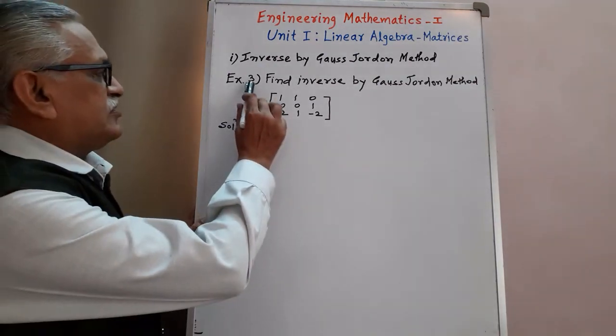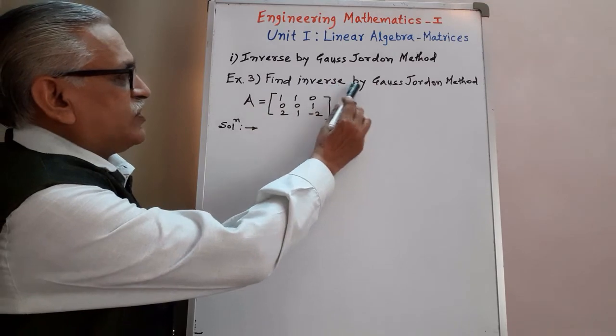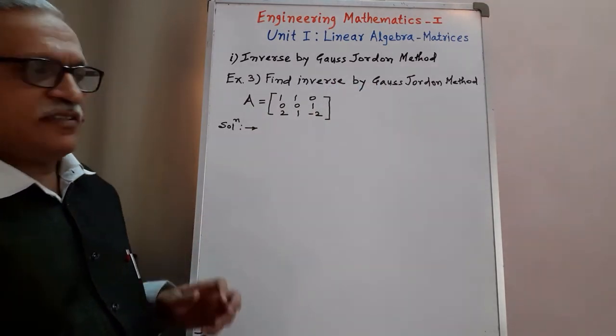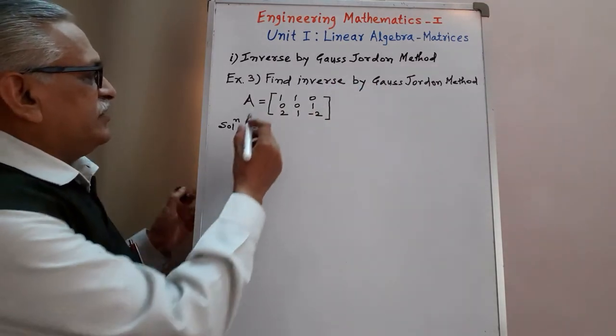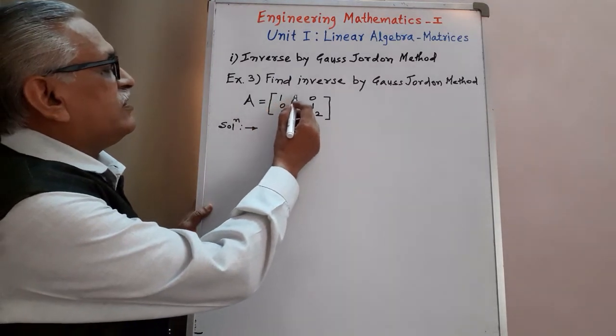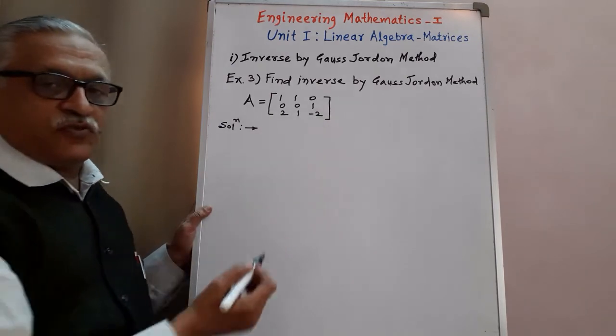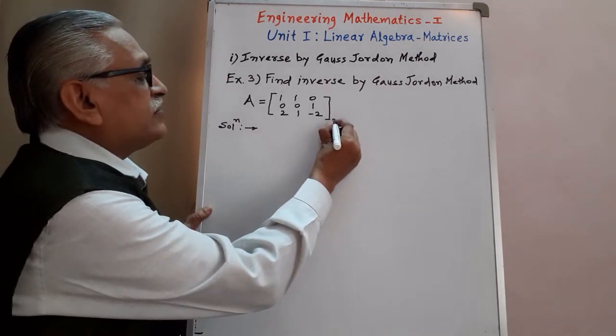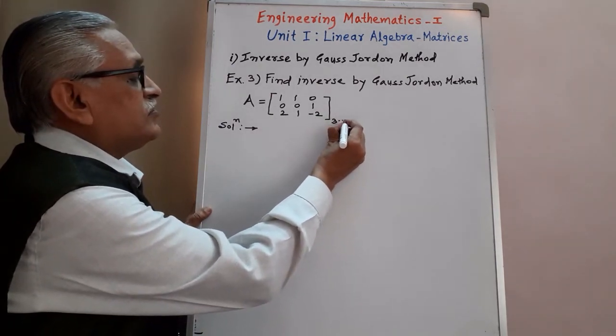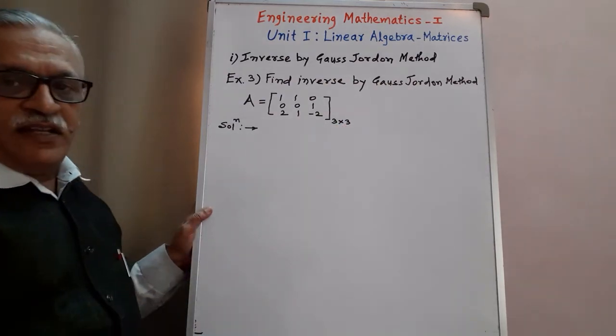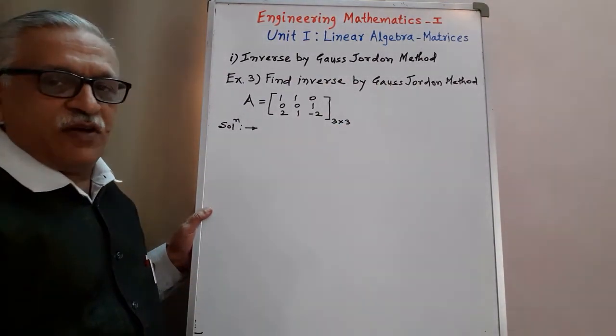Example number 3, find inverse by Gauss Jordan method for matrix A equals 1, 1, 0, 0, 0, 1, 2, 1, minus 2. The order of this matrix is 3 by 3, 3 rows and 3 columns. Again, a square matrix.